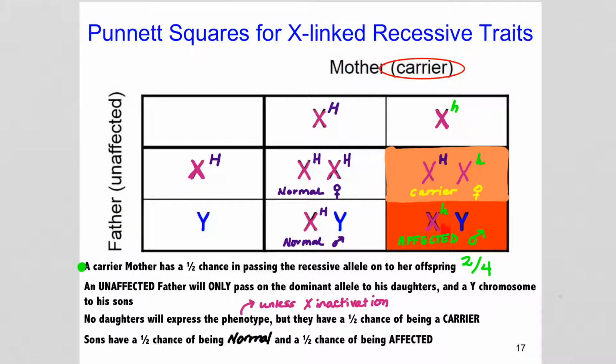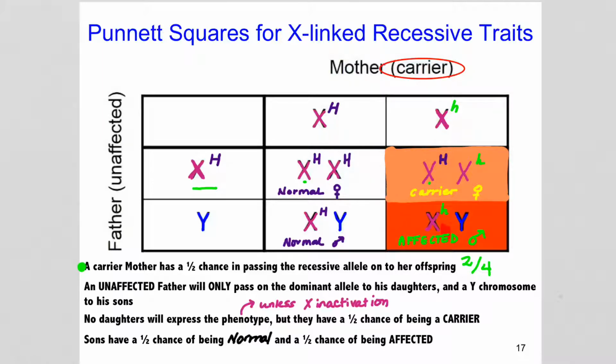An unaffected father will only pass on his dominant allele, the wild type, normal functioning, to his daughter, and a Y chromosome to his sons. So we see this normal wild type X being passed on from father to daughter in both cases. So he's always going to pass on a normal functioning allele.